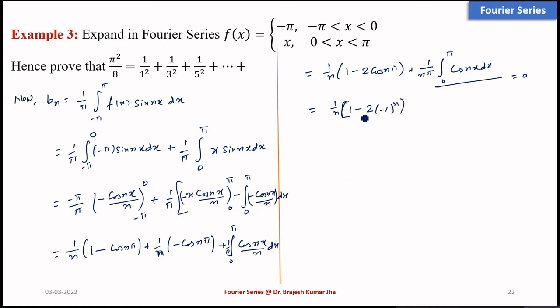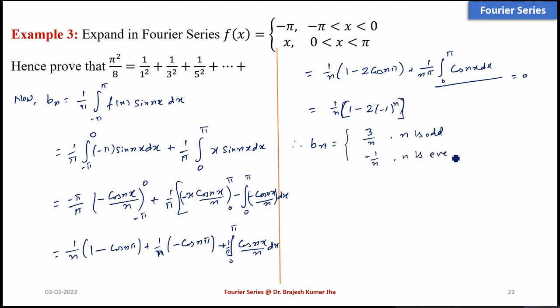So ultimately, b_n will have two values. If n is odd, it is 3 by n. And if n is even, it is going to be minus 1 by n.